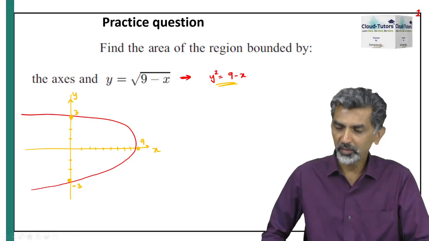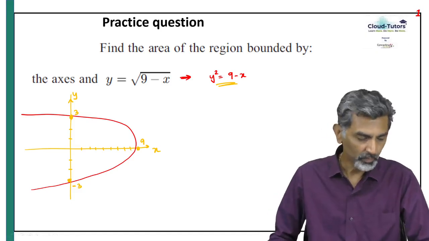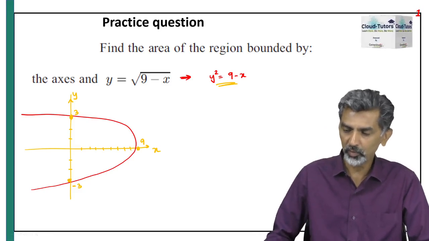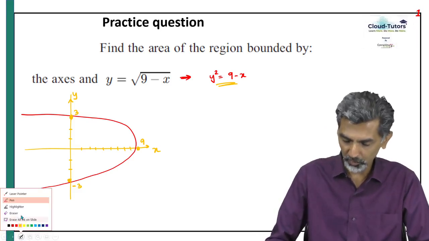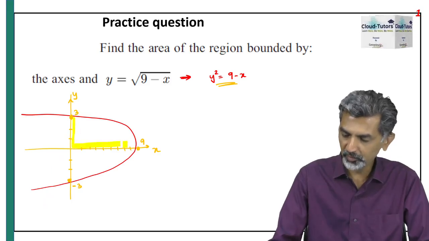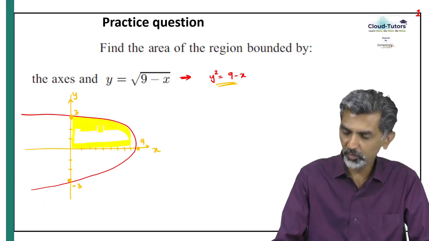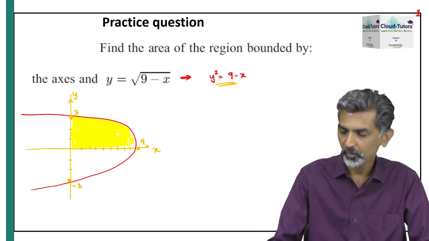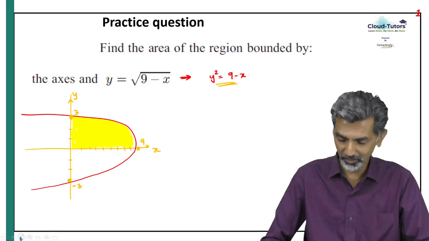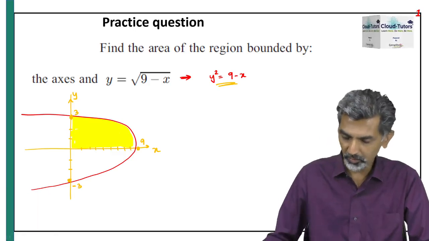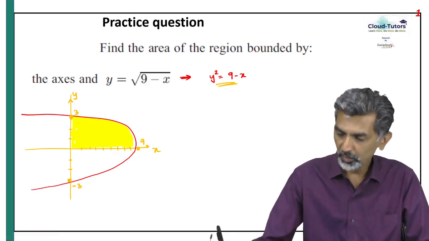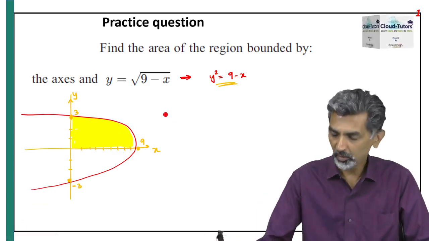And we need to find the area bounded by the axes and the curve y is equal to square root of 9 minus x. So we are talking about the x and y axes, and let's say it is this region that we are talking about. So once you identify the region, and I'm coloring it so that it is visually quite clear what region we are talking about, then it's easy to set up the answer.